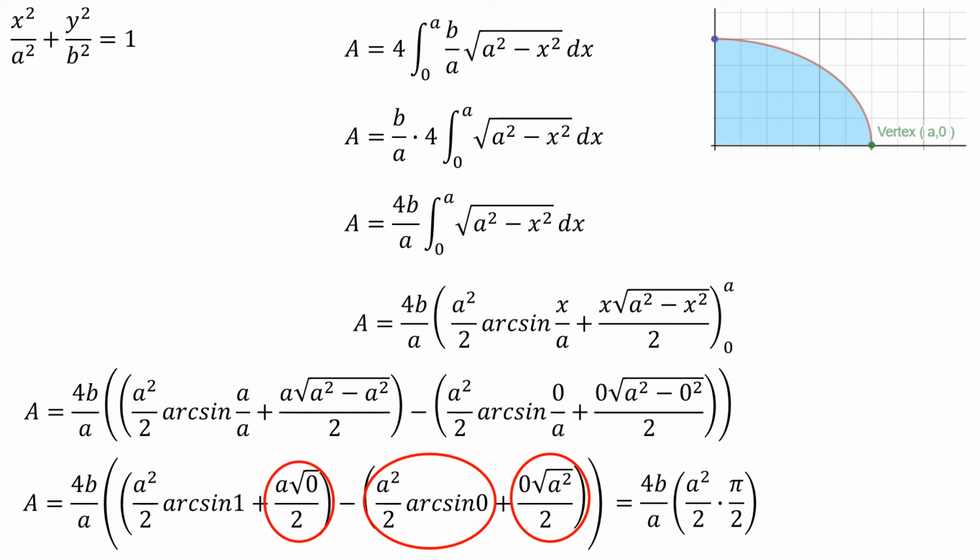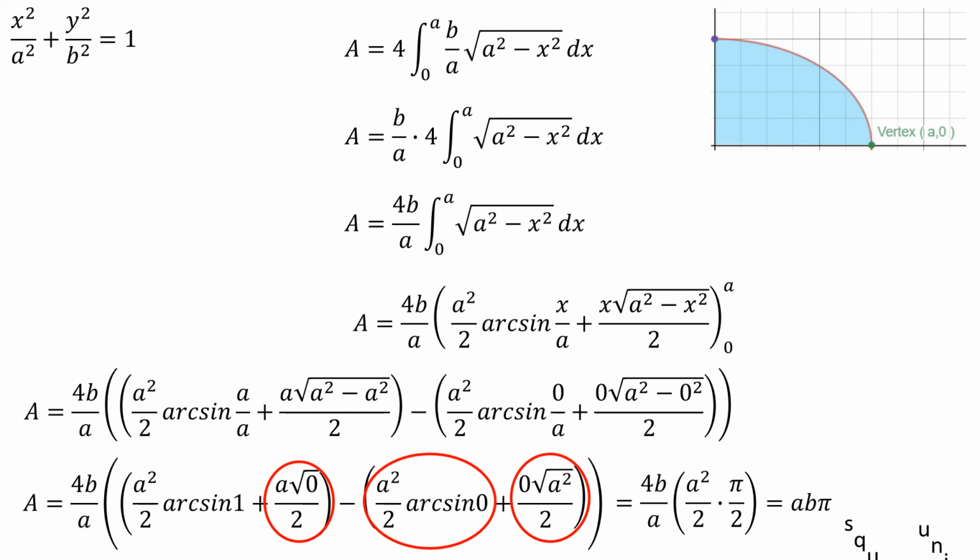So remember, sine is the second value, right? So we have the x comma y. We're looking at 0 comma 1, so that 1 will be in the y position. So pi over 2 is the top of that circle. Now, 2 times 2 is 4, and that's going to cancel the 4. A squared divided by a is just going to give me a.